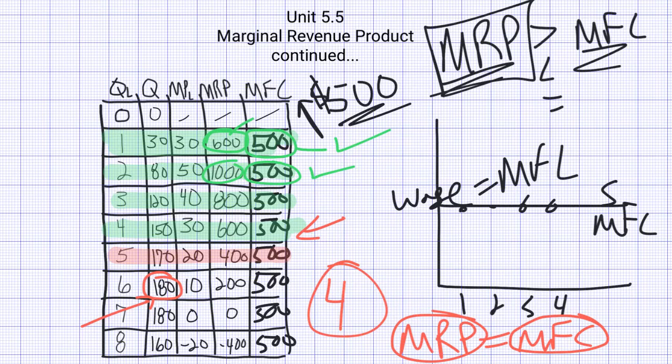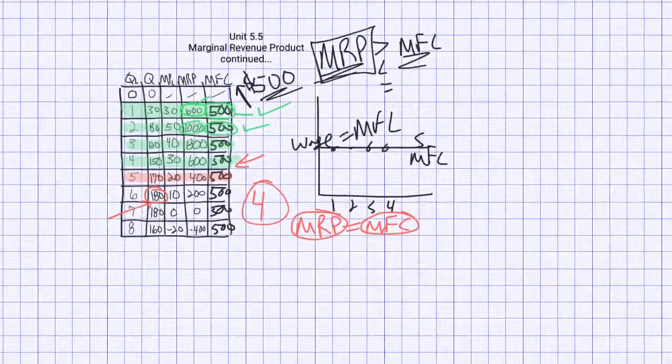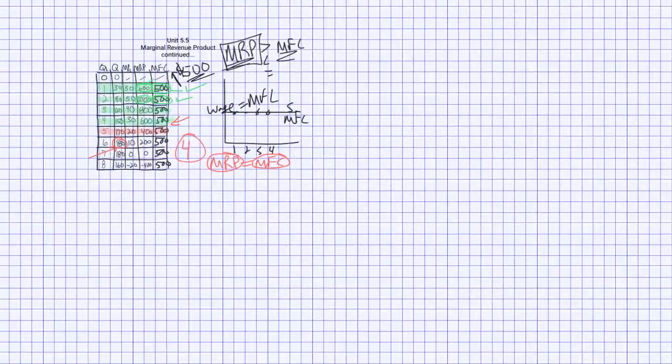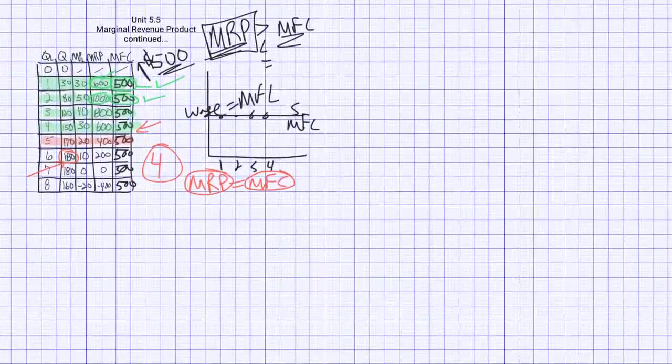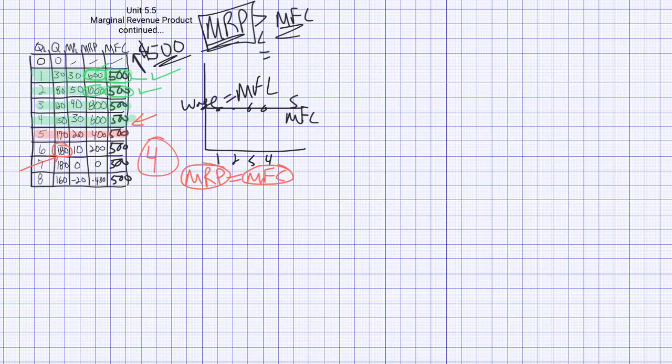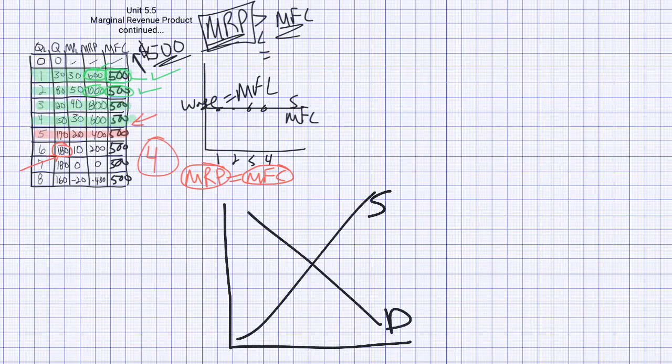So what we want to do is go back to the idea we were doing originally, which was trying to show this on a graph. In one of our first videos, we had this graph. We had a regular supply and demand for workers. So this is our market for workers.